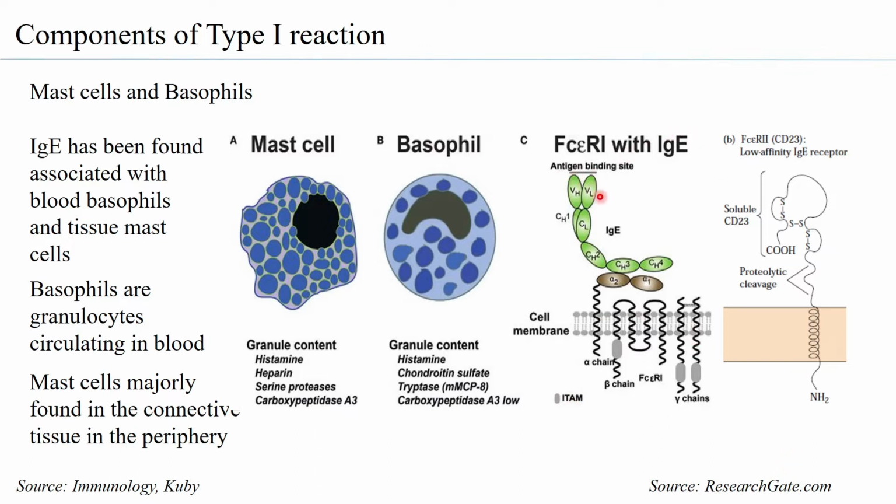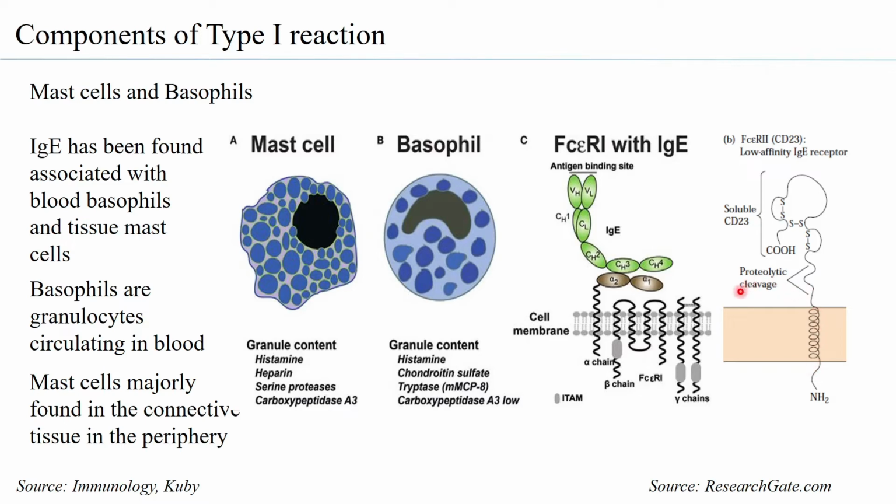So therefore, when you have the IgE binding, the IgE binds to the alpha chain of the Fc epsilon R1 through its CH3 domain. So this is something that has been observed with Fc epsilon R1. Now, Fc epsilon R2 relative to Fc epsilon R1 is a low affinity IgE receptor, and its structure also is different. So you have only one region that is spanning the membrane. So it is a single pass transmembrane receptor.